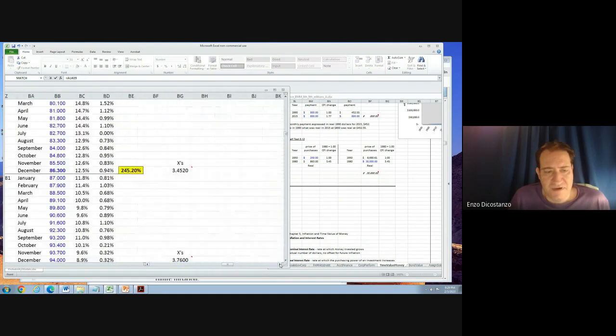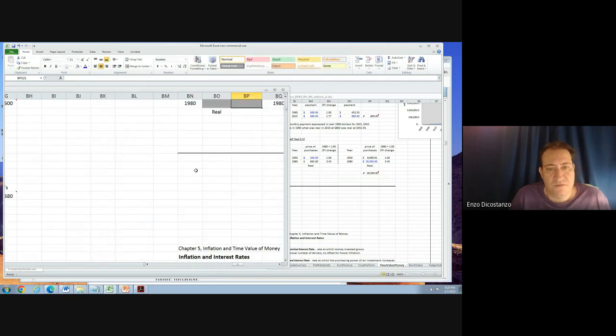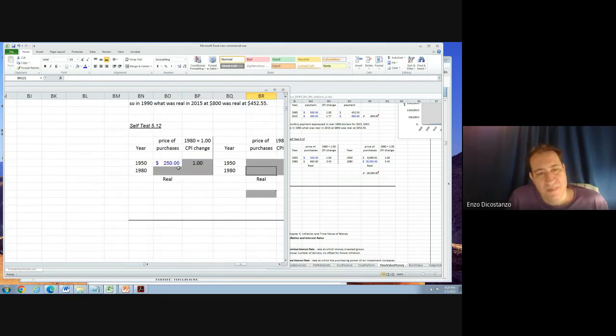The 1980 CPI was right there, and divided by the 1950 value, which was right there. Okay, what's that?